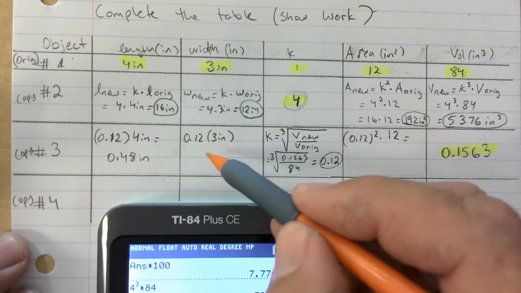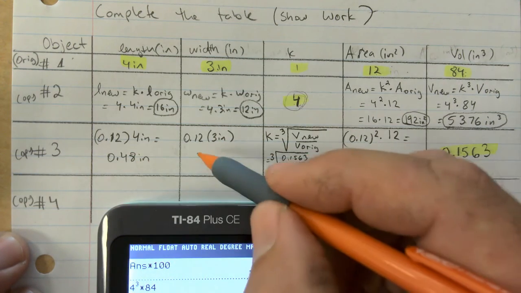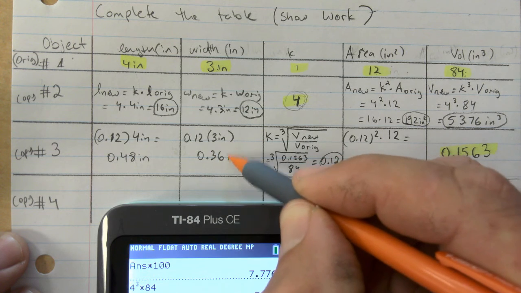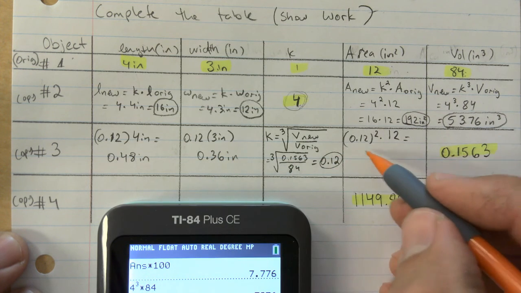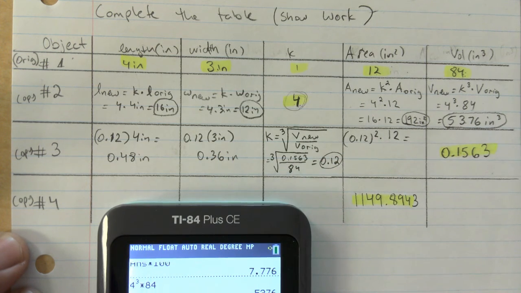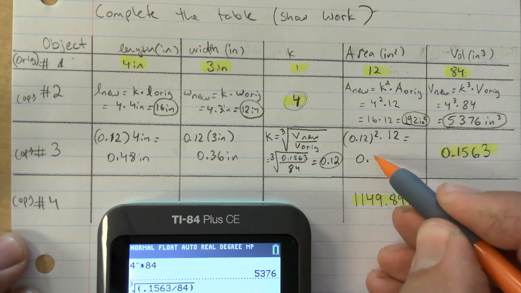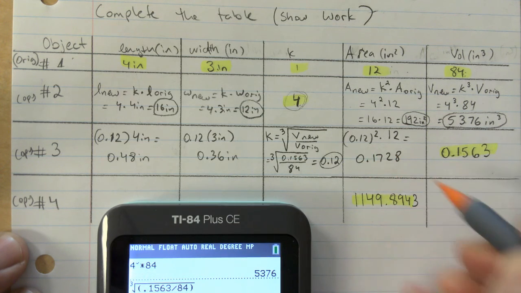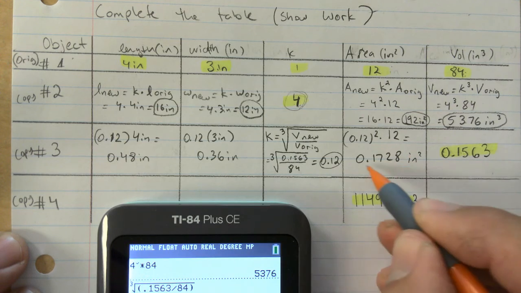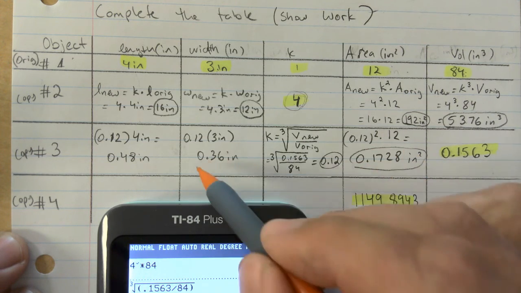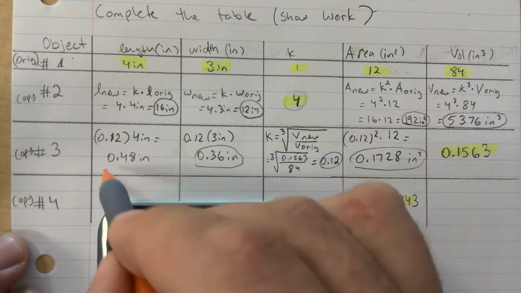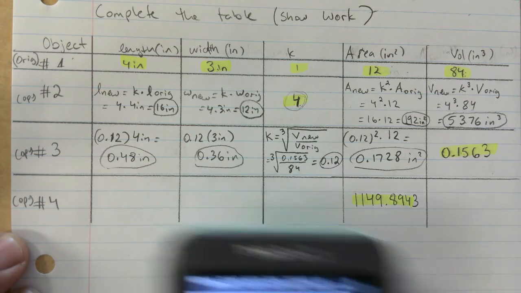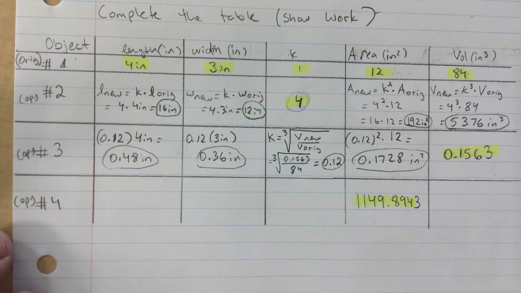This is 0.36. And this is 0.12 squared, sorry, that's 0.1728 square inches. And there you have it, right? It's the same thing over and over.